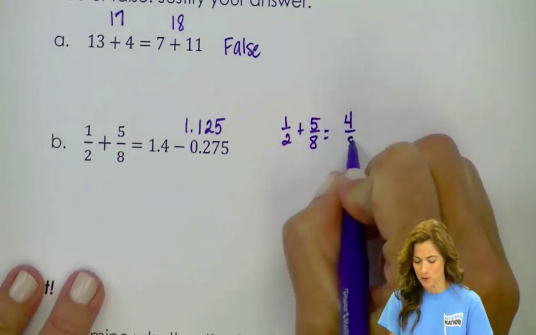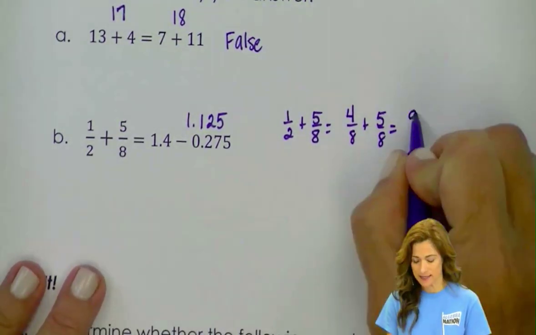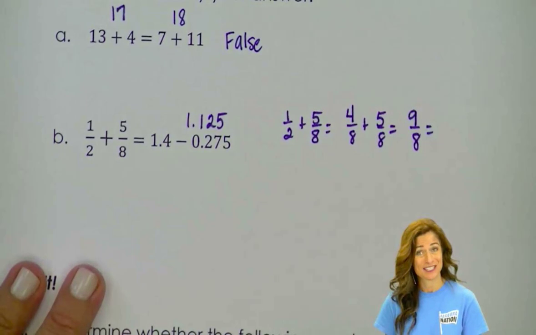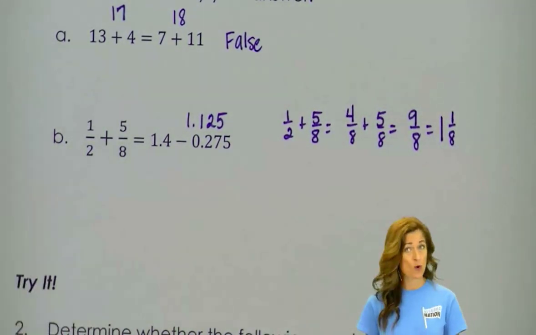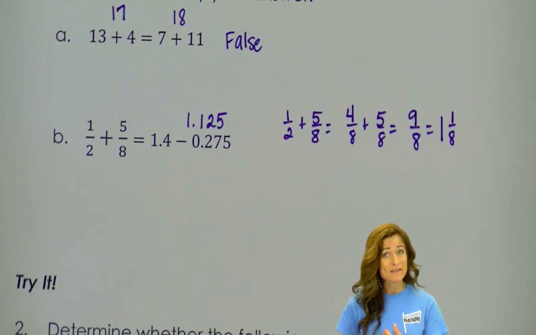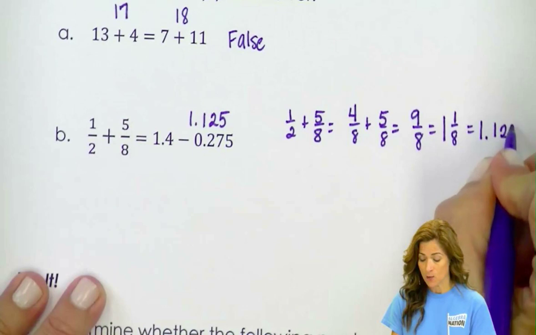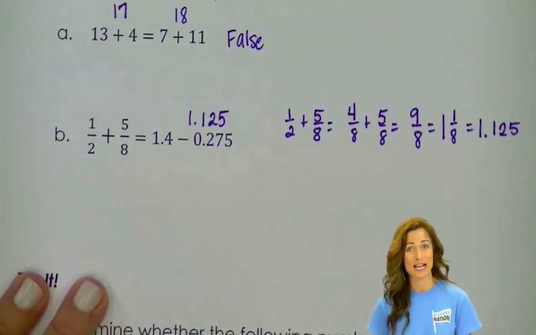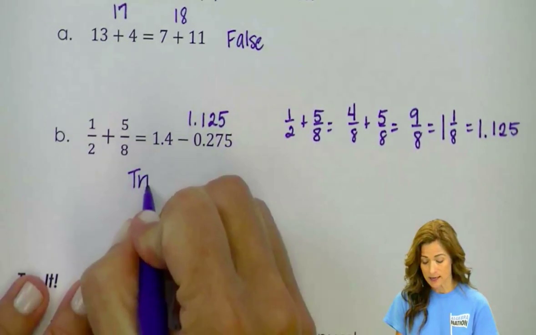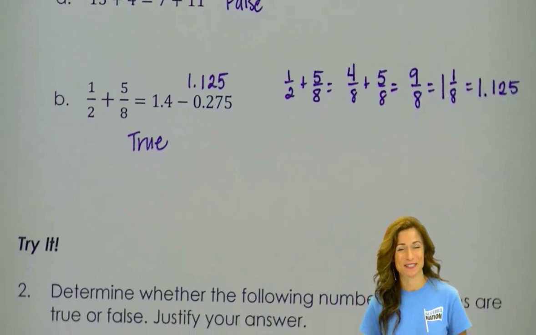So that would be 4/8 plus 5/8, which gives me 9/8, which is also equivalent to 1 1/8, and 1/8 is 125 thousandths, so this is equal to 1 125 thousandths. So yes, indeed, the two sides are equal, so this is a true number sentence.